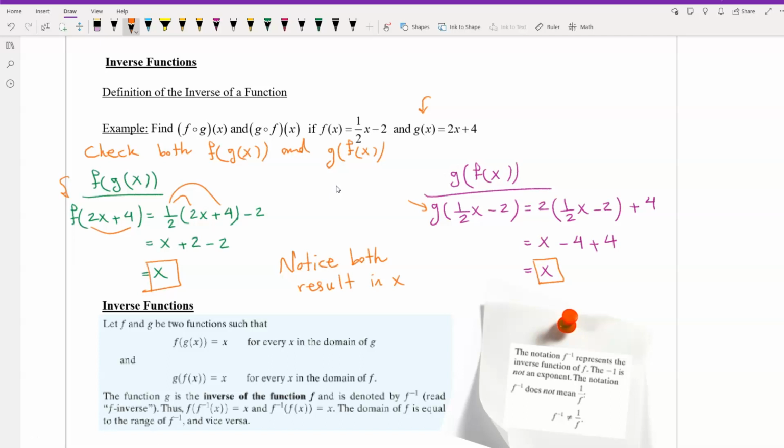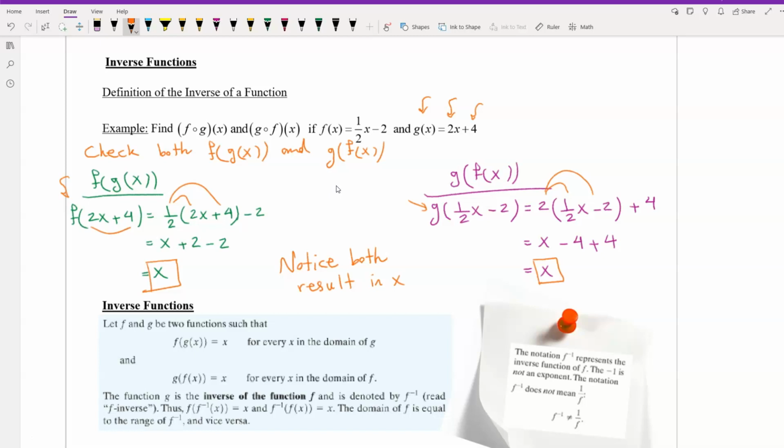So this is equal to 2 times (1 over 2 times x minus 2), and then add 4. Use the distributive property, 2 times 1 over 2x is x, 2 times negative 2 is negative 4, and then add 4. Combine like terms. Here again we have x, so for f of g(x) and for g of f(x), we have the same result, and that is x.